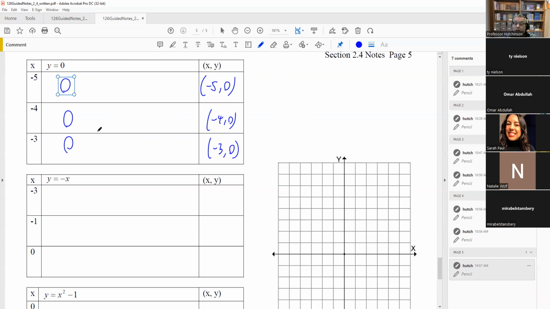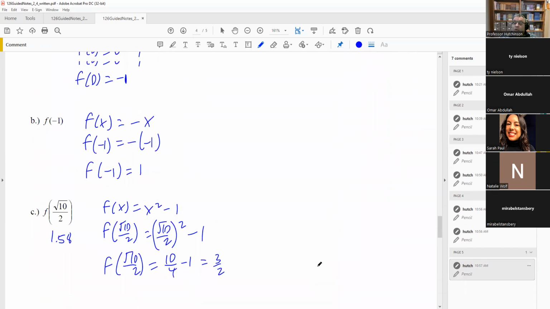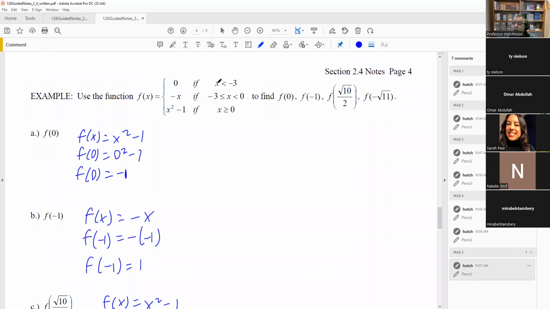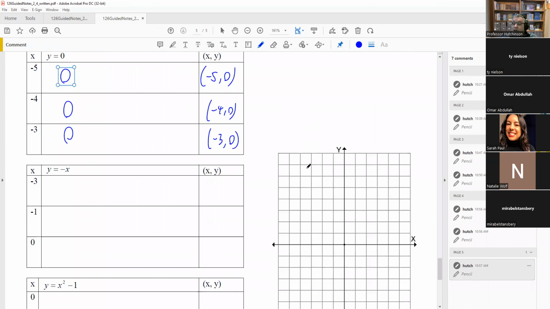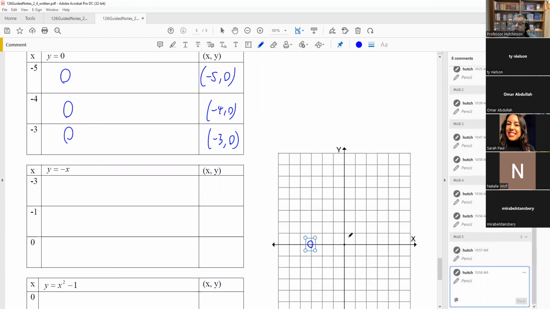The thing you have to remember is that if we go back up to the original conditional statement, the original one says that negative 3 is not included. So at negative 3, I need to put an open circle. Negative 3 comma 0 is right here, and I want to put an open circle on that.